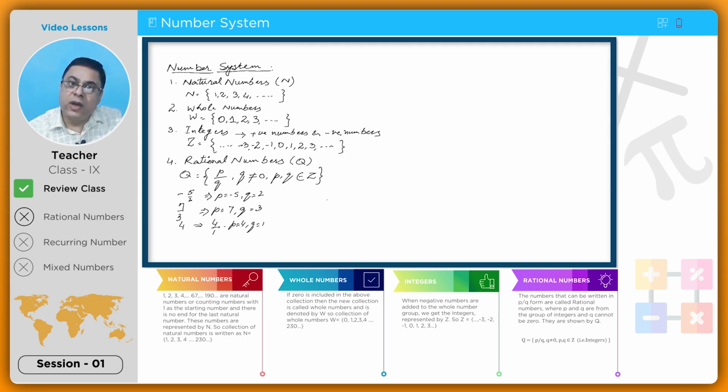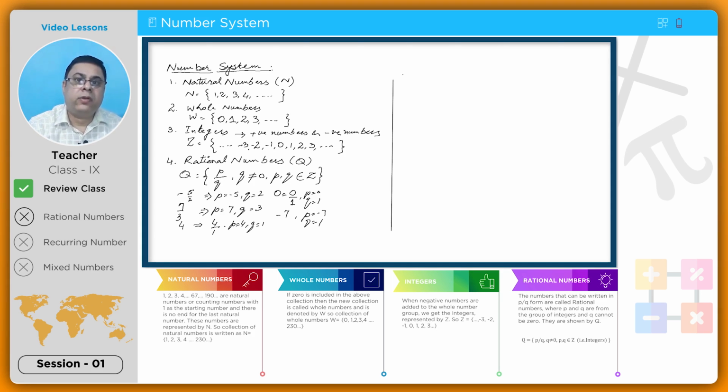Yes, 0 can be written as 0 upon 1, with p equal to 0 and q equal to 1. Similarly, any negative number, say minus 7, is also a rational number, where p is minus 7 and q is equal to 1. So these are the collection of rational numbers.